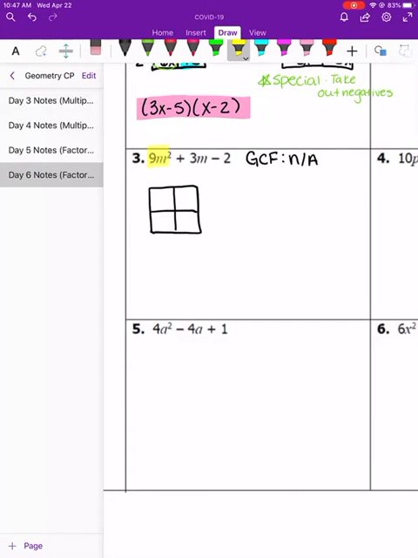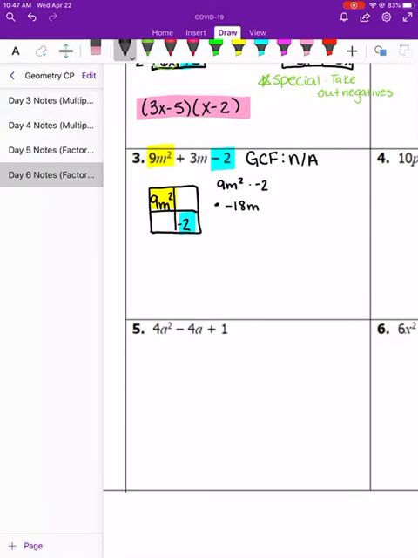Okay, so 9m squared and this negative 2. So I need to multiply 9m squared times negative 2.